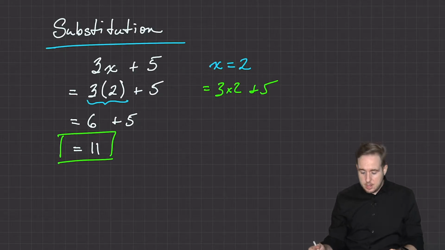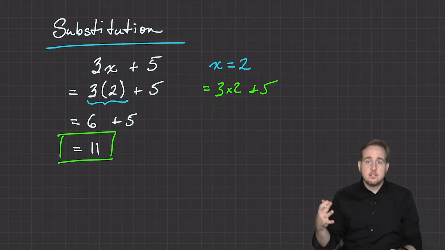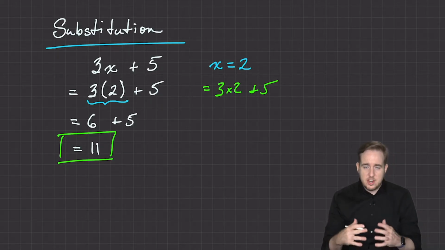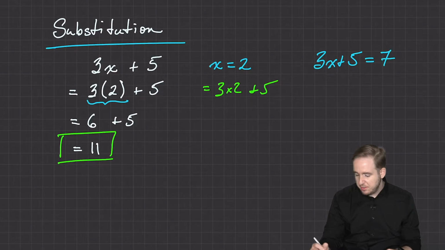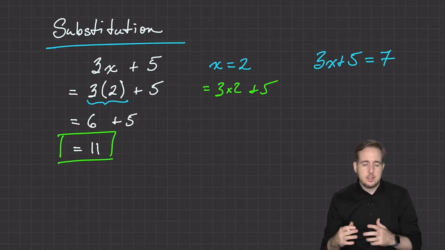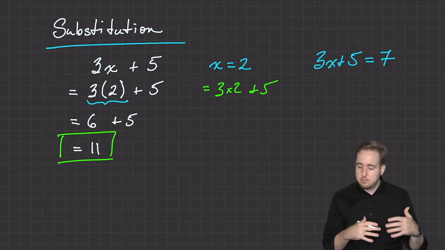That's an expression. If the question were 3x plus 5 equals, say, 7, that would be solving an equation, which is a different section of grade 9 and a different thing. So equation, expression, they're separate.